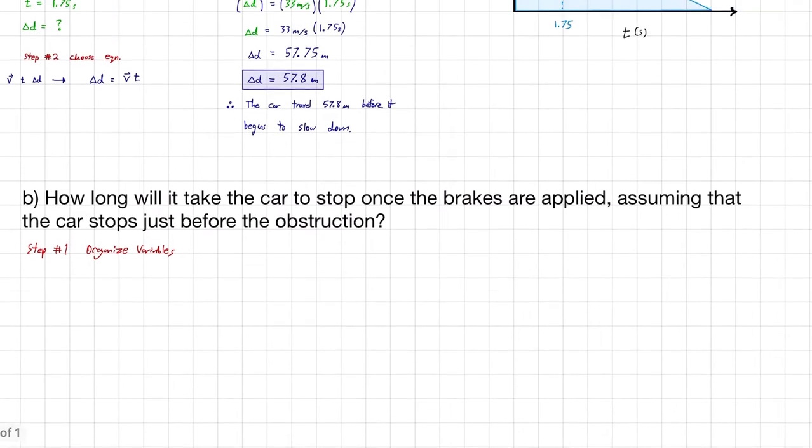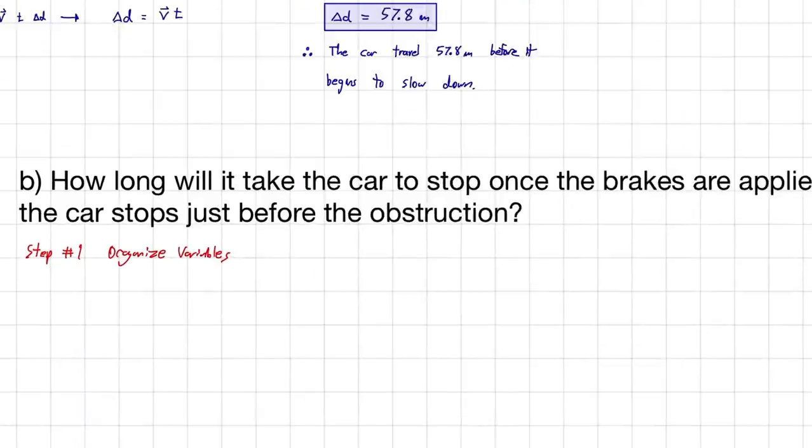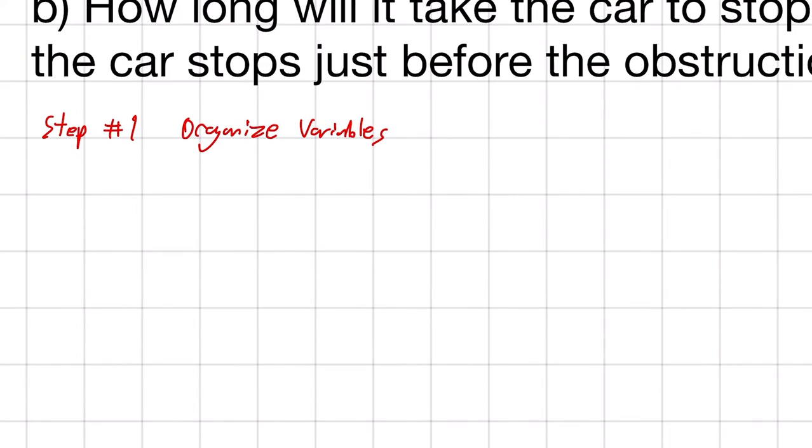So what values do we know? Well, we're going back to our original question here. We know that the initial velocity is 33 meters per second. So V1 is equal to 33 meters per second.